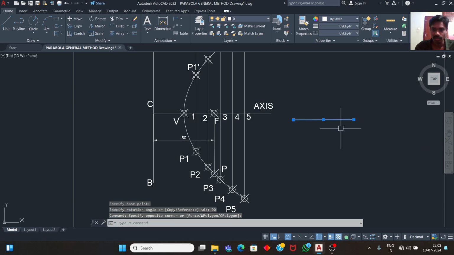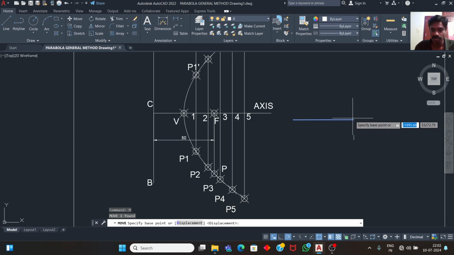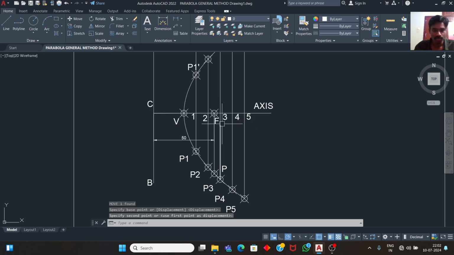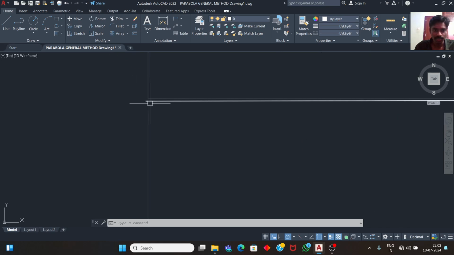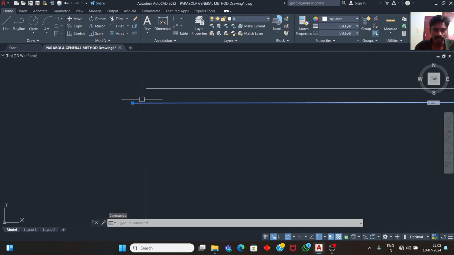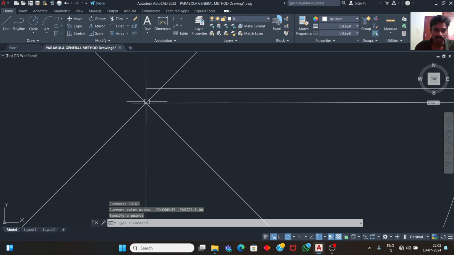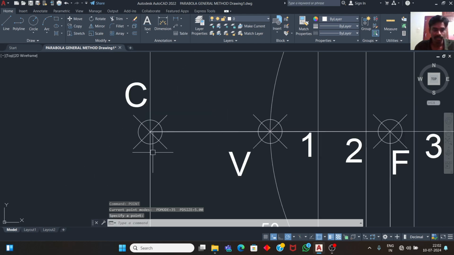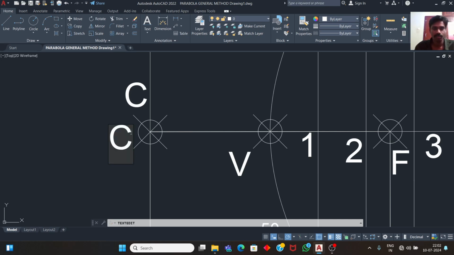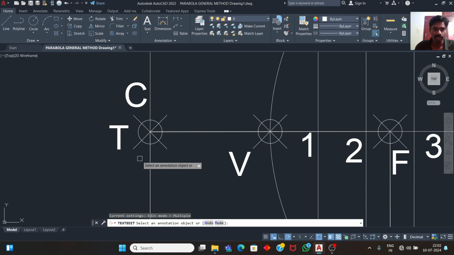Okay, and move this line to this focus, up to this directrix line. Here we have some gap between these two. This is the point, for example, we can call T.